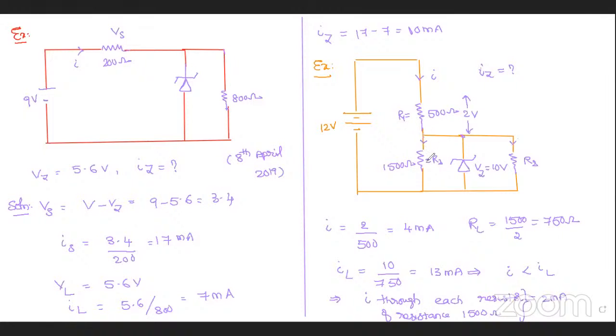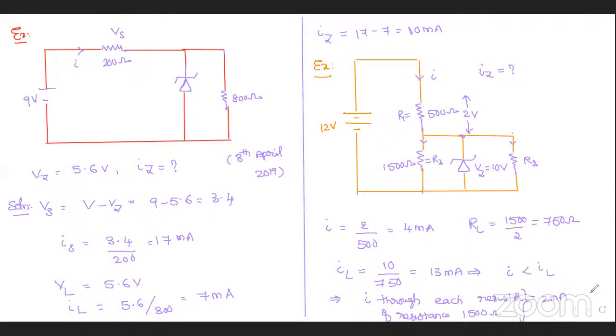And actually the potential difference maintained between these two ends, all are in parallel, should be equals to current into resistance. That implies VL should be equals to 2 into 1500 into 10 power minus 3, that is equals to 3 volts.